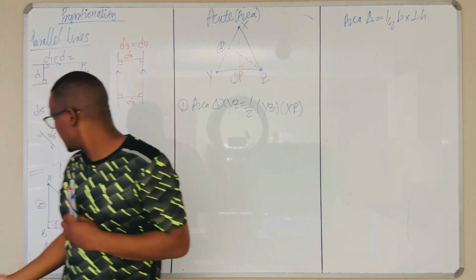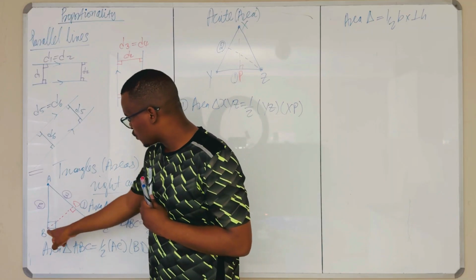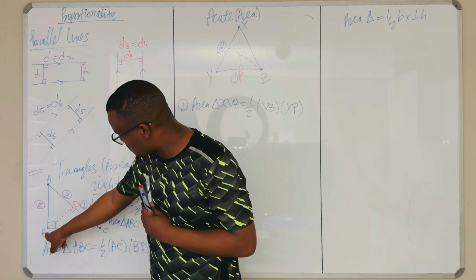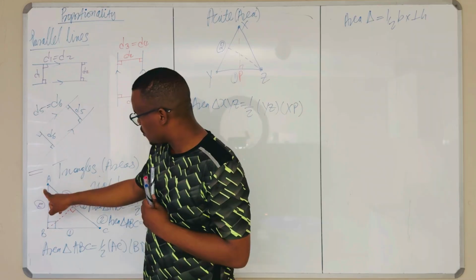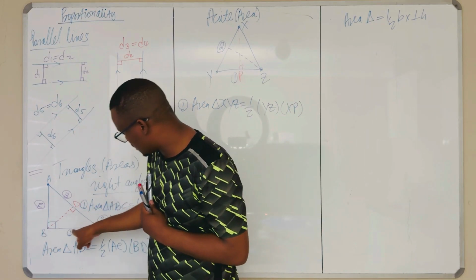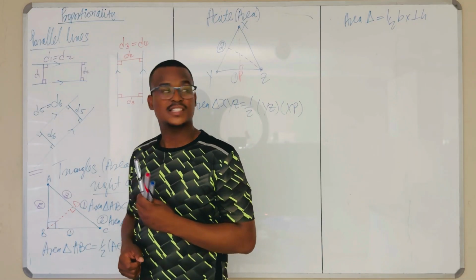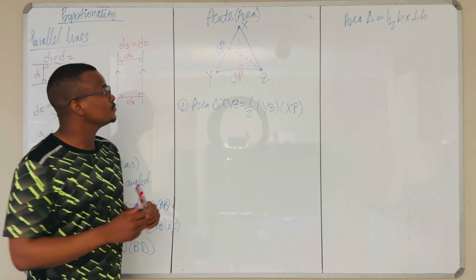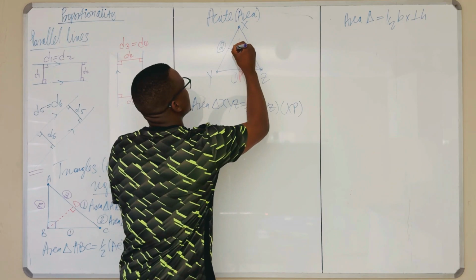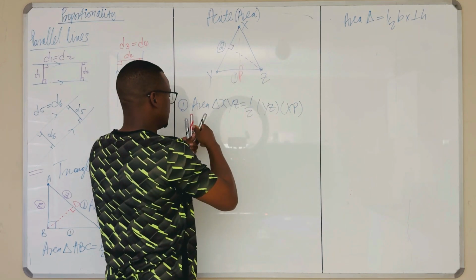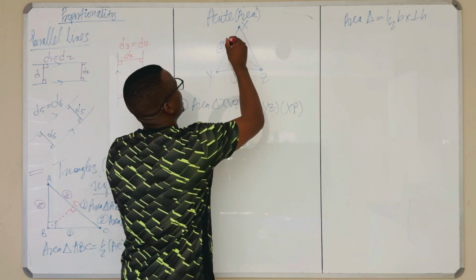That's the same thing that I said here. Yes. Because look, we said this is the base. The altitude started from this base to the third vertex. We said this was the base, the altitude from this base to the third vertex. It's the same principle. So here is your 90 degrees over there. We said that was P. Maybe let's say this is Q.